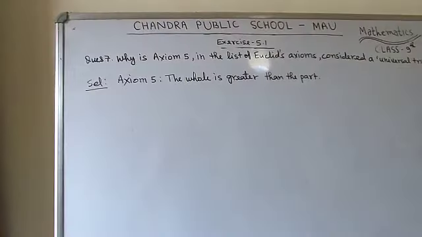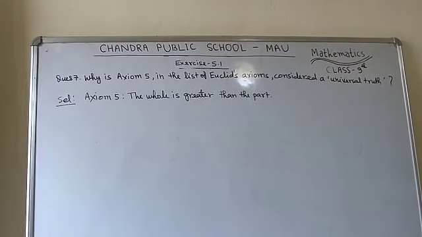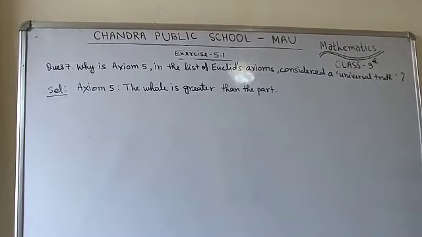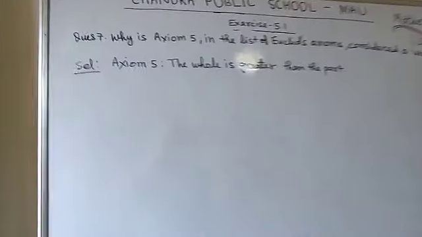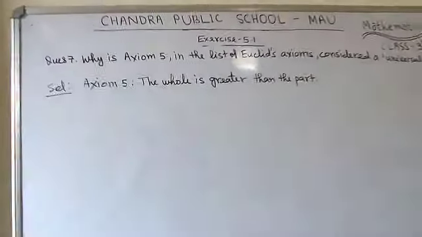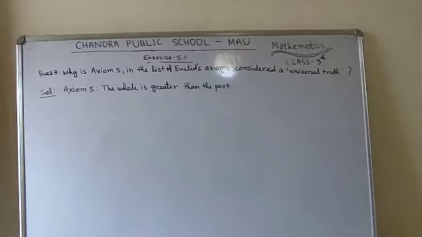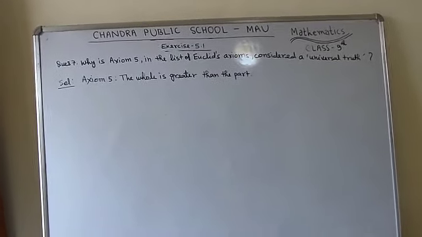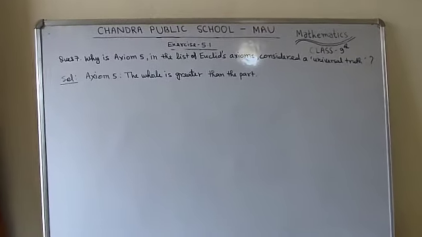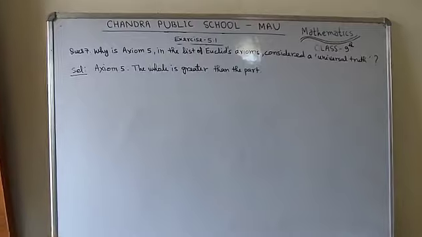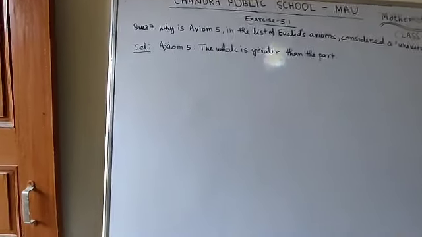So here you need to justify why it is considered a universal truth. You know that the whole is always greater than the part. I am going to take an example also. India and Uttar Pradesh. India you can take as a whole and Uttar Pradesh is a part of India. So you can say that India is greater than Uttar Pradesh. That is the truth. So the whole will always be greater than the part.